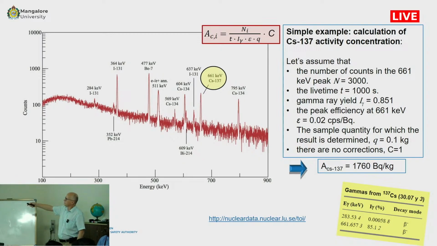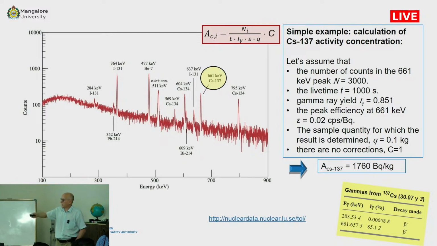On the basis of the library data, this is the gamma ray yield. How many gammas are emitted by one single decay. Let's assume that the peak efficiency at this energy is 0.02. So only 2% of gammas are detected.